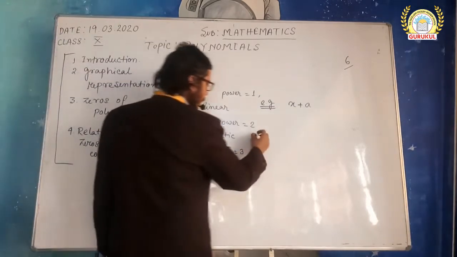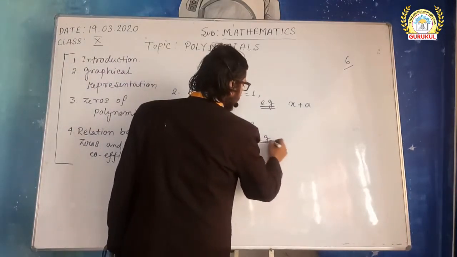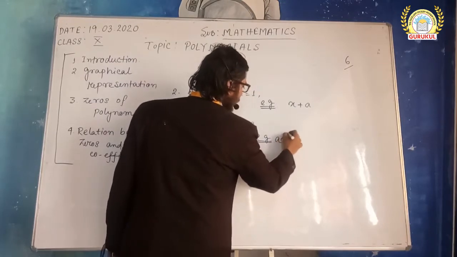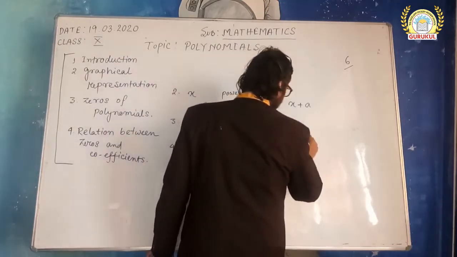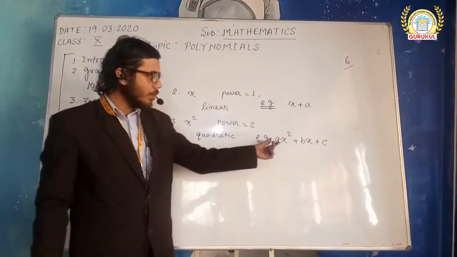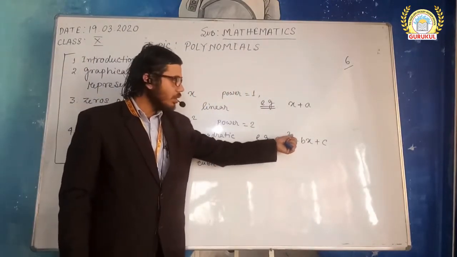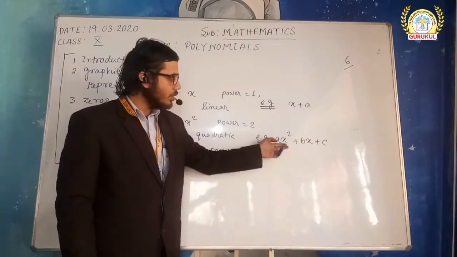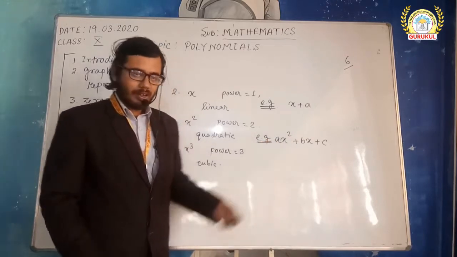After that, quadratic polynomial, we are writing one example: ax square plus bx plus c. You can see that the highest power of x is equal to 2. So this is the example of quadratic.